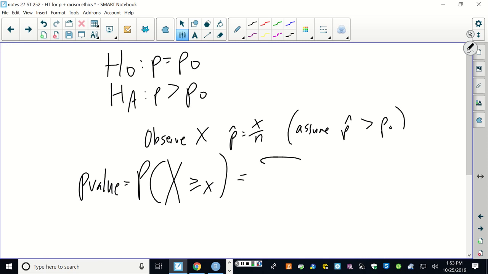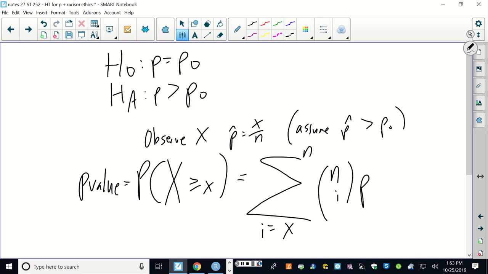Well, that's really a sum, and the book writes it with an index i going from x up to n. So if x is such that it makes the sample proportion greater, if you make x bigger, up to n, up to 1 for the proportion, it's going to be bigger values. And given that this is binomial, the probability formula is n choose i, p sub 0, because of the null hypothesis, raised to the i, 1 minus p0 to the n minus i.